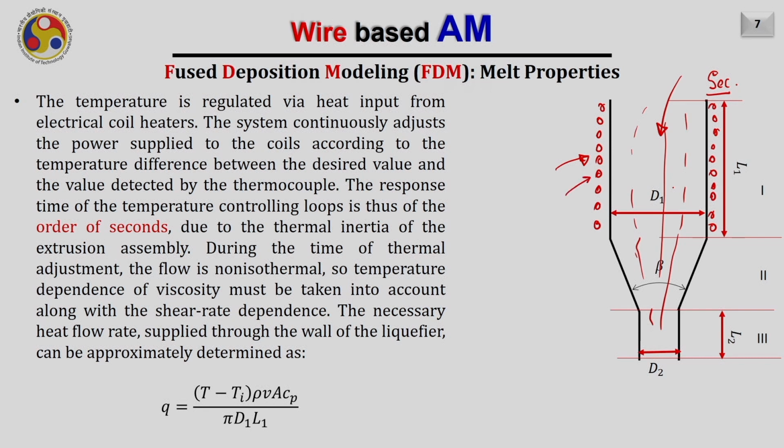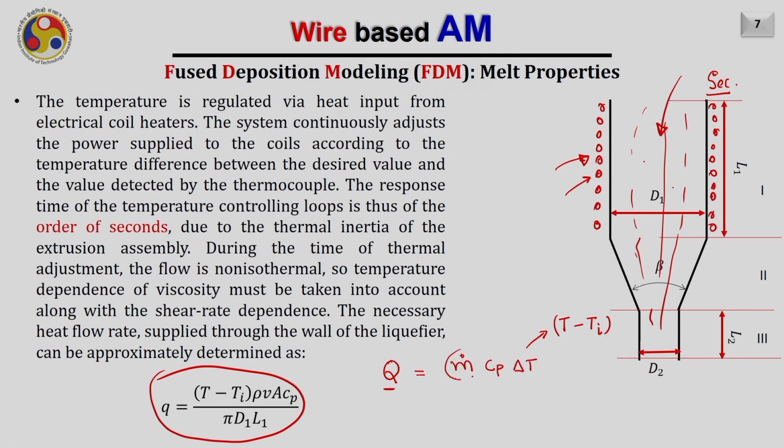The necessary heat flow rate which is supplied through the wall of the liquefier can be approximately determined by this formula. It says the heat required to increase the temperature by delta T will be equal to the mass flow rate into the liquefier times the specific heat capacity Cp times the difference between the new temperature and the initial temperature.